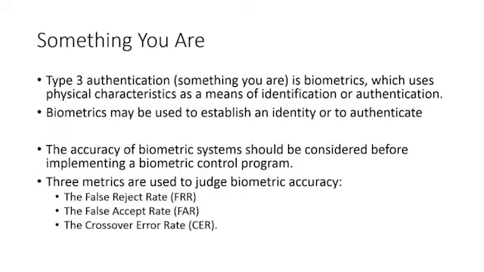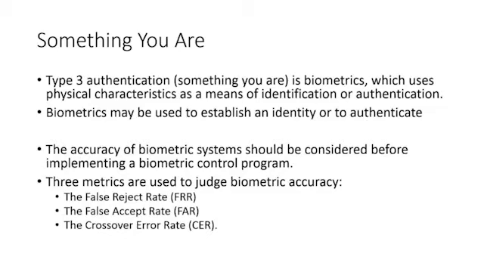Because the accuracy of biometric systems needs to be considered before you just jump into a biometric control program. Yeah, it sounds cool. You'd be like, to get in my building, you have to talk to the biometric device there, and if it doesn't recognize your voice, you can't get in. Well, that sounds awesome. But there could be some errors in there, in the accuracy.